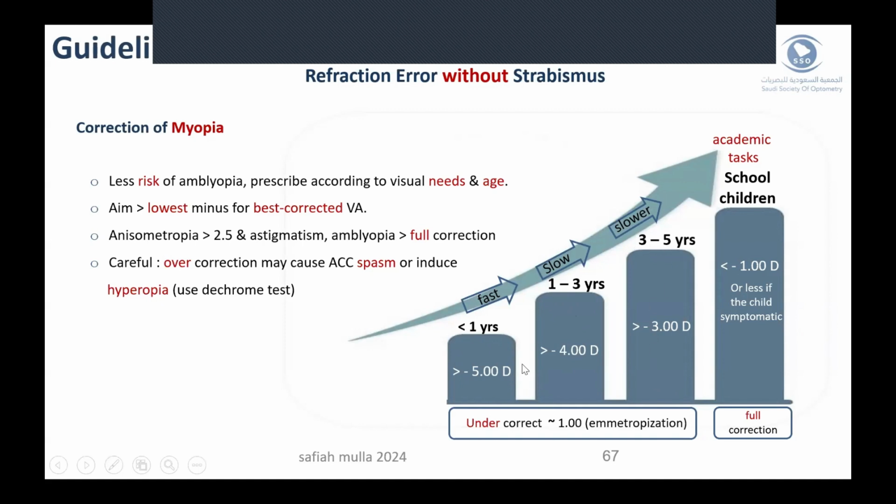Again, you should consider the emmetropization process. So you undercorrect them: either you give them 2/3 of the amount or reduce approximately 1 diopter of the refraction. For school age children, you give them a full correction because we want them to see clearly, even if they have less than minus 1 diopter, or if they have symptoms.